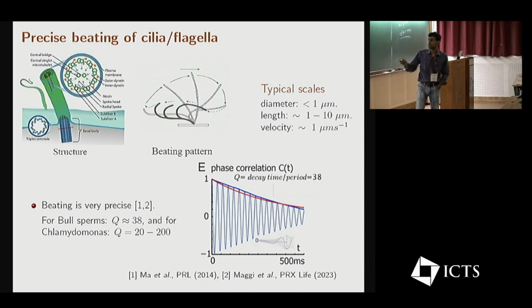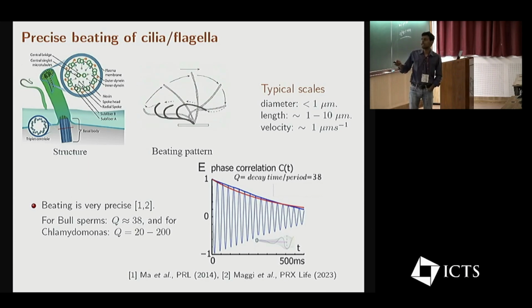These are the experimental results. If you think of a deterministic oscillation, something beating means some quantity is oscillating in time. If you plot its autocorrelation function, it never decays, so the quality is infinite. Because of noise, either thermal fluctuation or active fluctuation, you have some damping in the autocorrelation function.